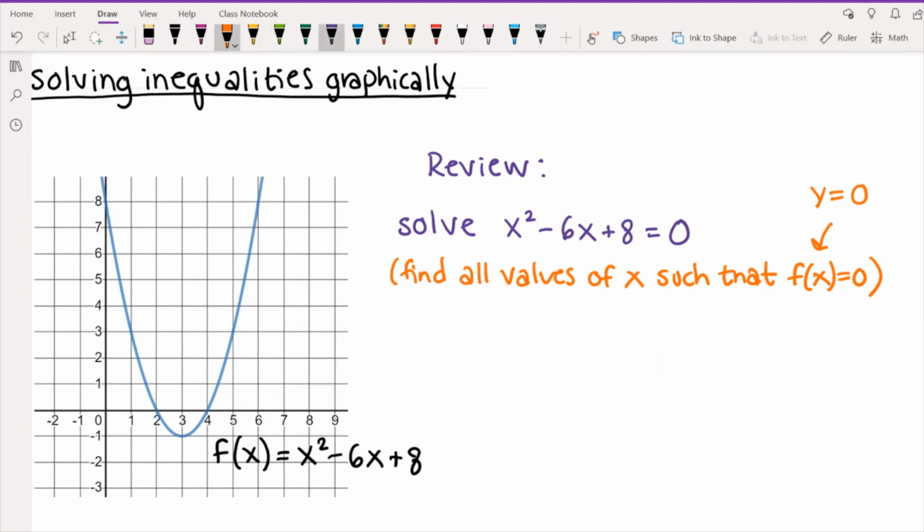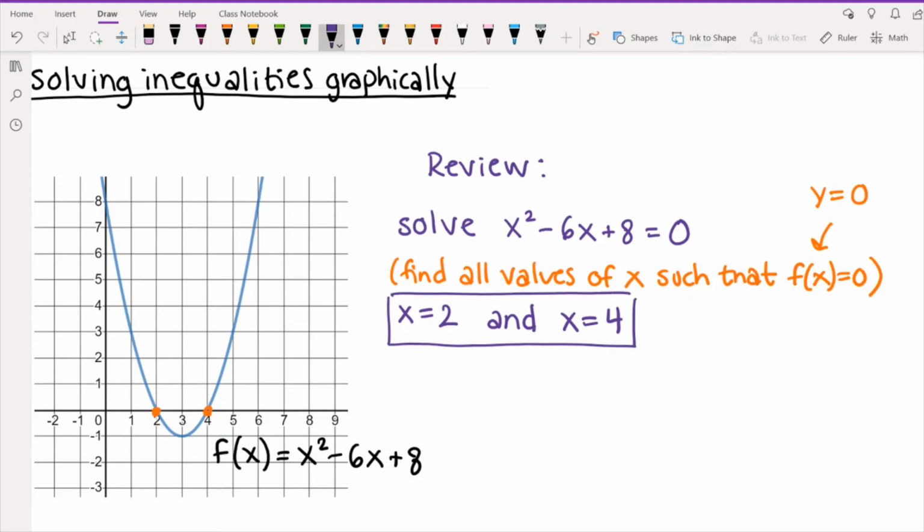And so where are those points? We can see those points happening here and here, right? Those are the points where the y coordinate is 0. And so our answer would be x is equal to 2 and x is equal to 4. Because when x is 2, y is 0, and when x is 4, y is 0. How could you check those answers?